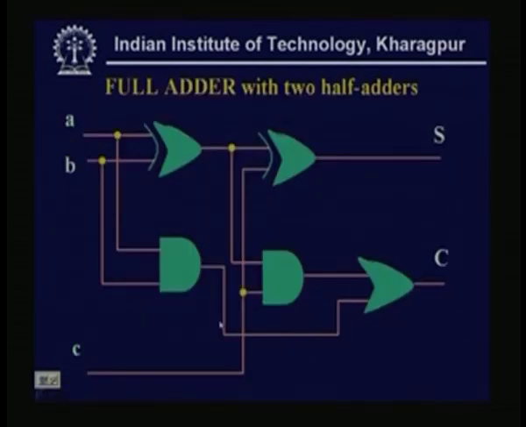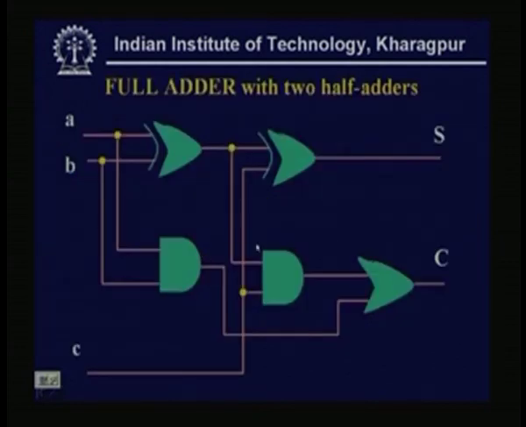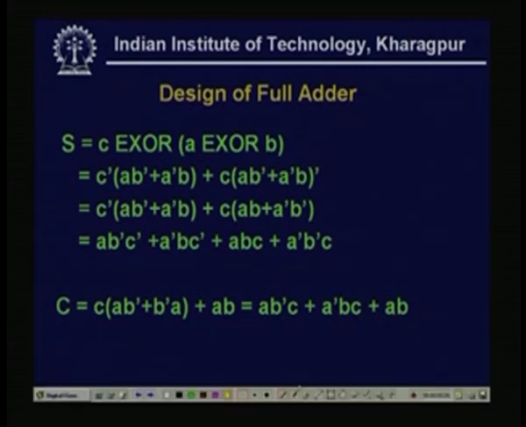So, if from here we identify that thing, see this is A dash B C dash and A dash B C dash. See, from these two, this is nothing but XOR circuits.